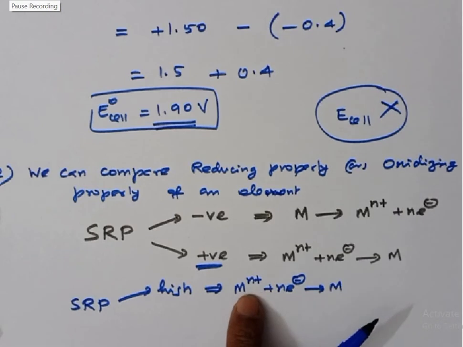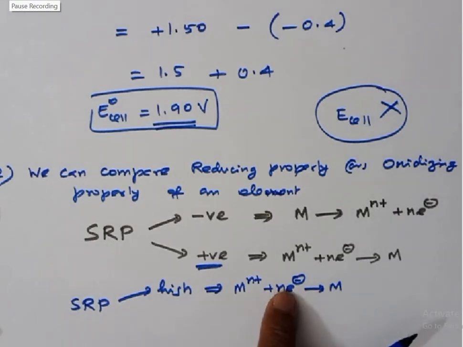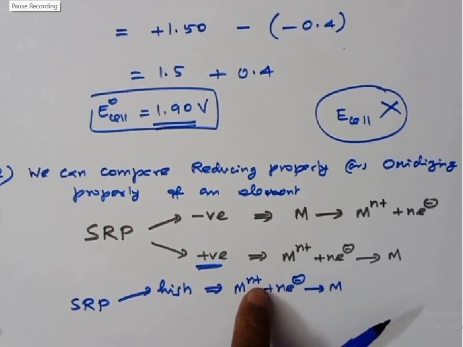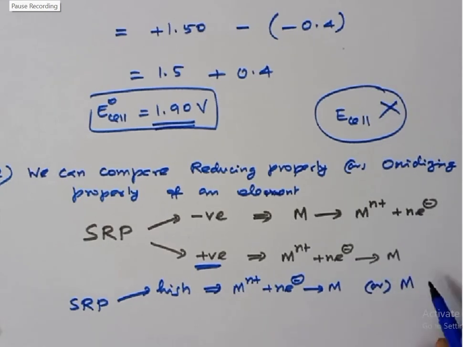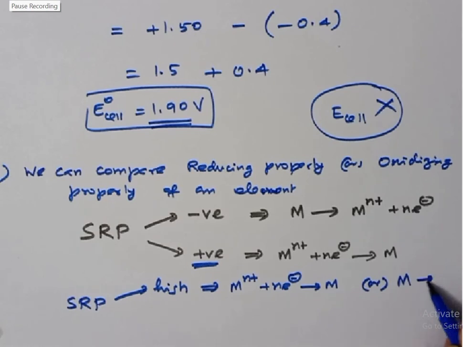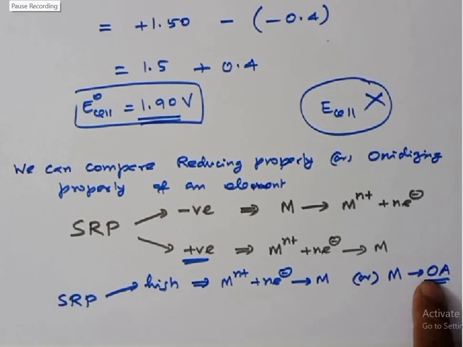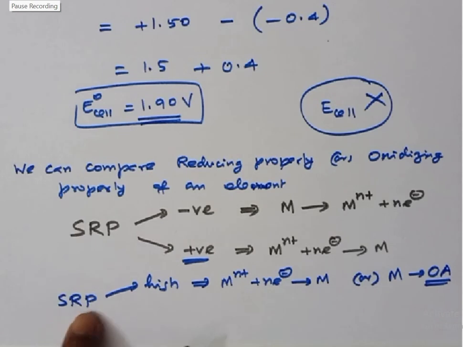If a metal ion undergoes reduction, that means it is gaining electrons, right? That means that element can act as an oxidizing agent, OA. OA means oxidizing agent here. I repeat, see the SRP value.